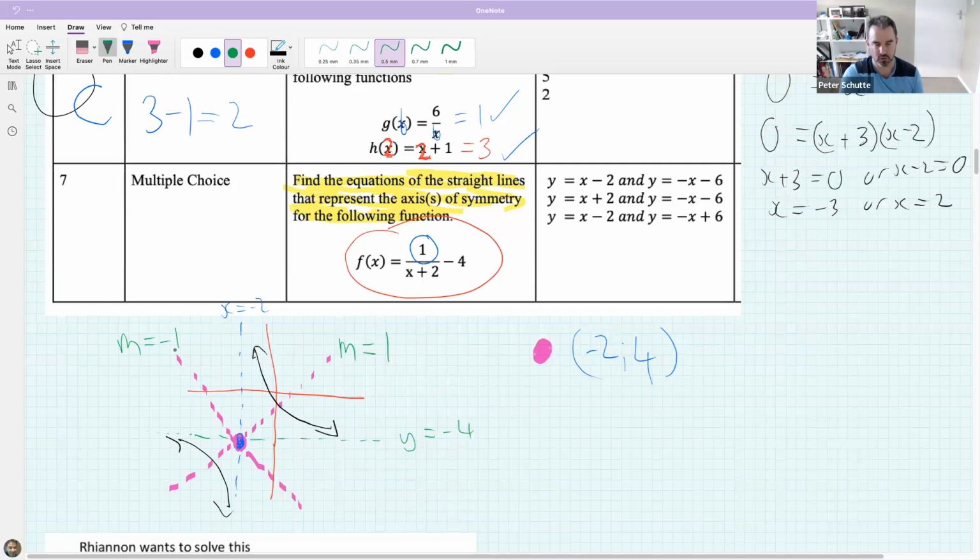Now, I want you to use the fact that you've got the gradient and you've got a point on the line to find me the equations of these two lines and then identify which of the 3 options here is correct. So over to you guys to figure out which of those 3 options is correct.